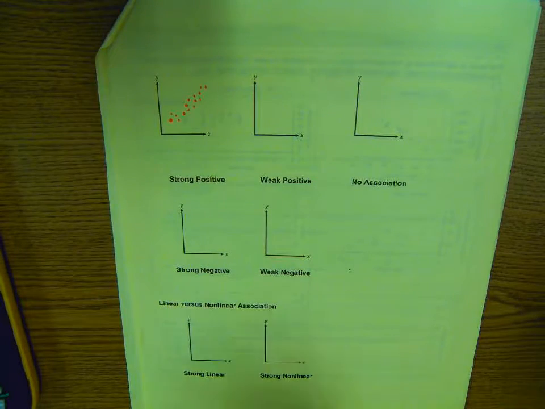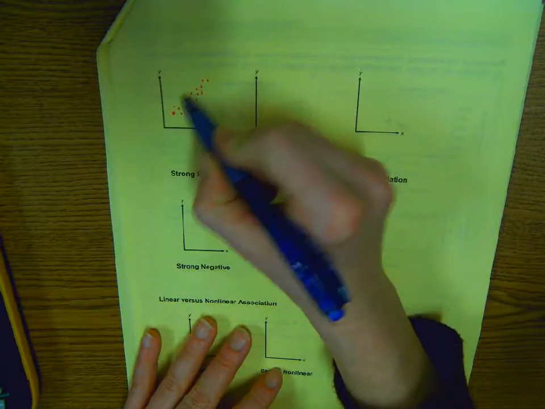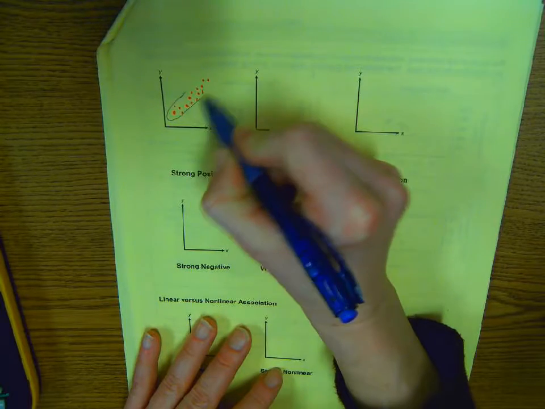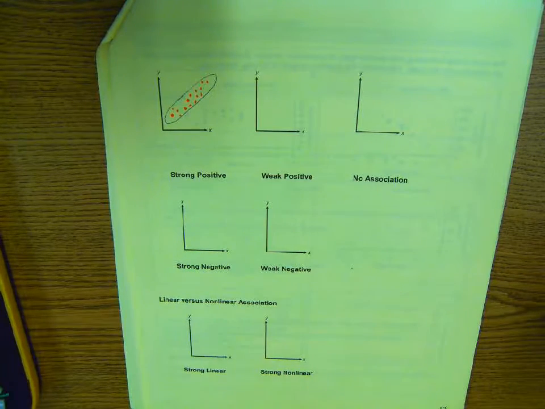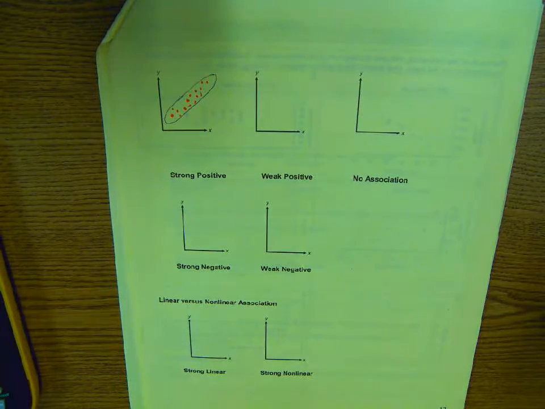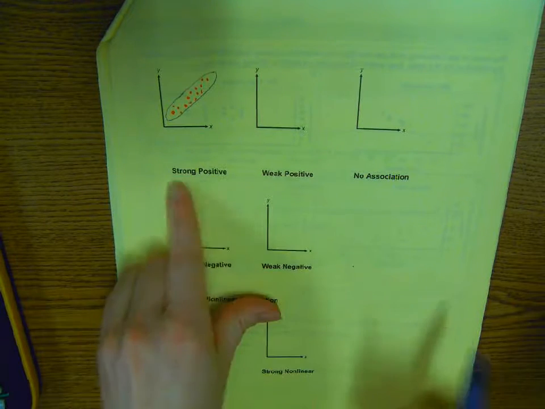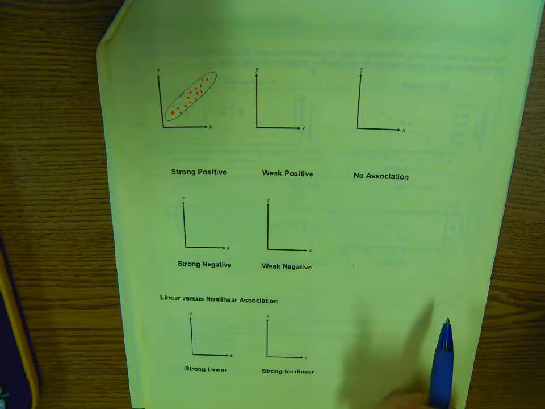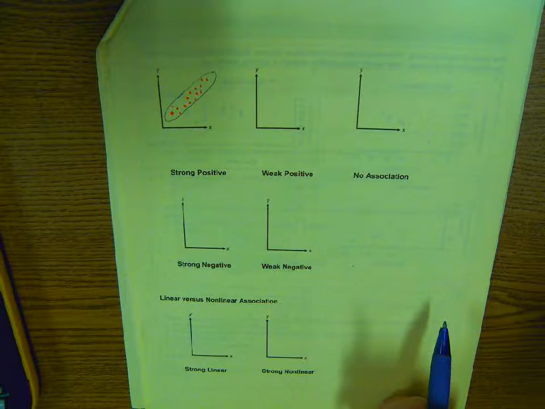If you were to circle those points, draw a circle around them, do you see how they're going to the right and going up? Could I draw a line through all of them? Not one line, okay? But we would call this strong positive correlation because it looks like a general pattern of going up and to the right.